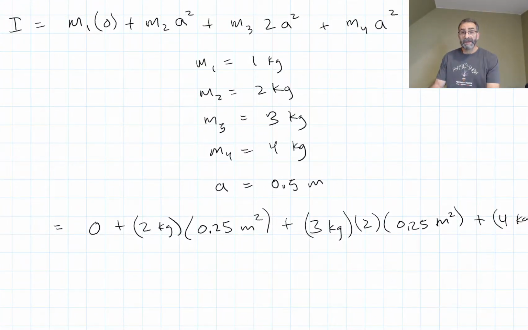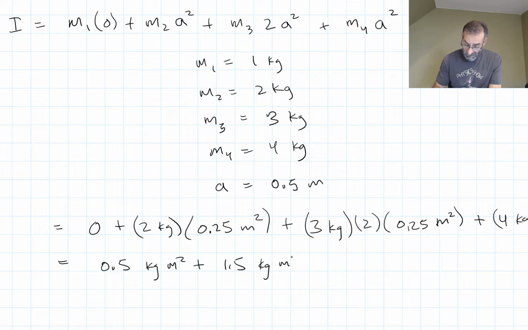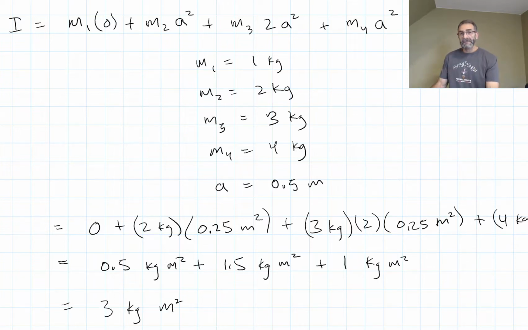Half a meter, quantity squared, is a quarter of a square meter. And so we end up with 3 kilogram meters squared for the rotational inertia of these 4 point masses that rotate together as a rigid object about the origin.